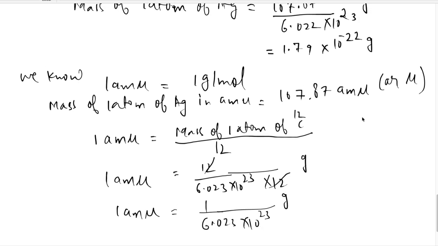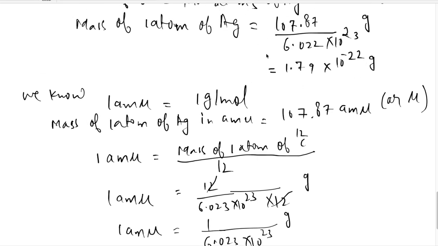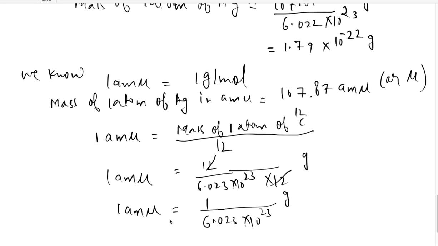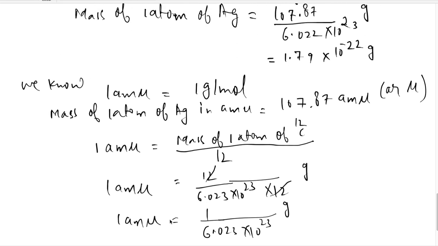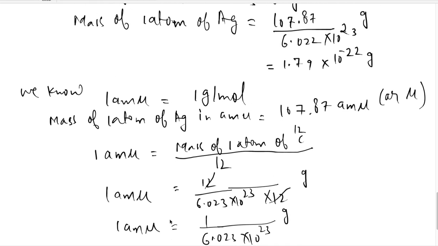We have already calculated the mass of one atom of silver in gram. We just need to put it over here and we can easily find it in terms of AMU, and the answer would remain the same. If you want, I can show it to you as well. It's the same as here. If you put it over here, 6.022 will cancel out.